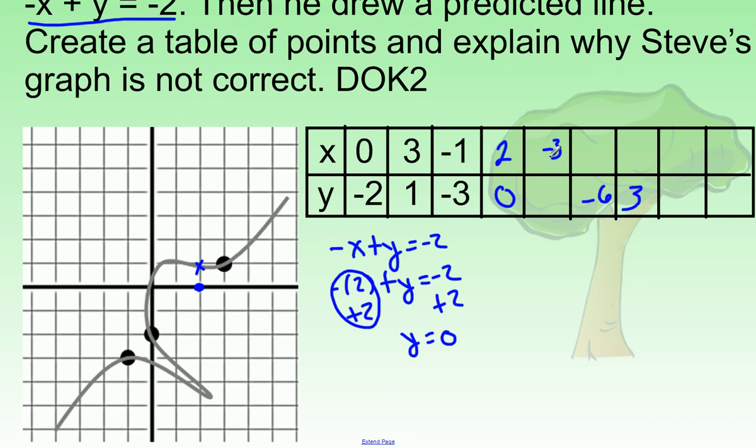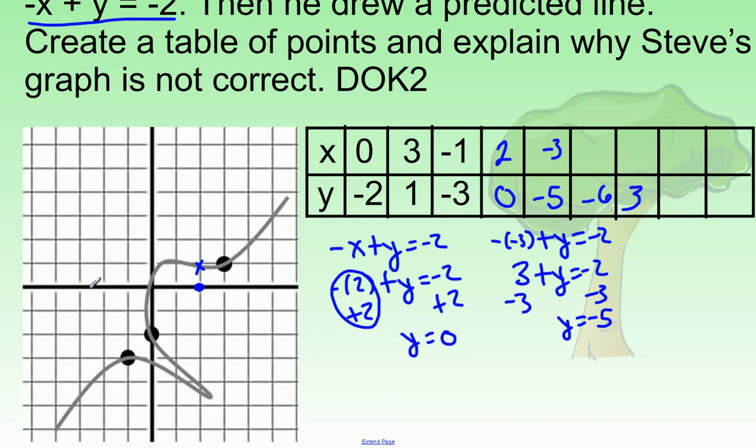Okay, so let's pick another point. Negative 3. So I have negative 3 plus y equals negative 2. A negative 3 is positive 3. Minus 3 on both sides, y equals negative 5. So the point negative 3, negative 5.